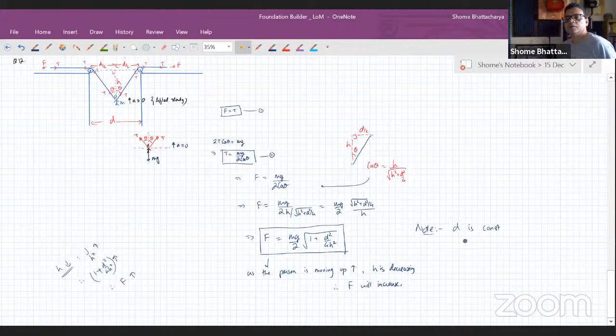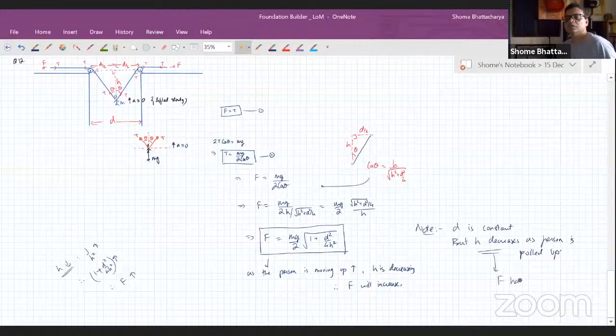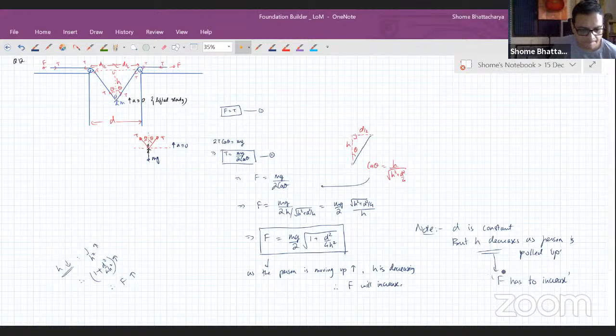But h decreases as the person is pulled up. So as h decreases, F has to increase. That is what the question is asking you to show. You have to find the force.